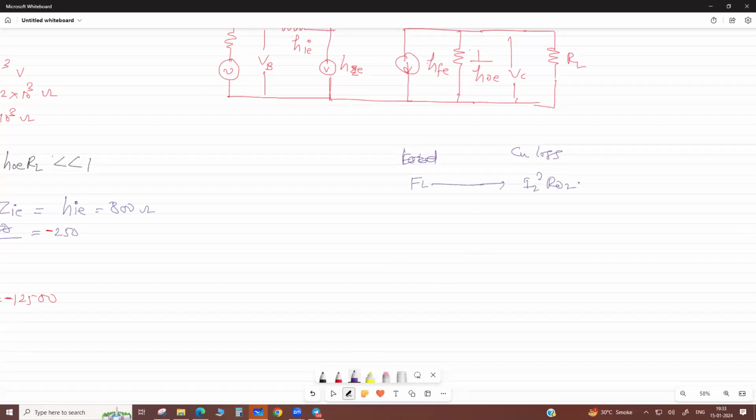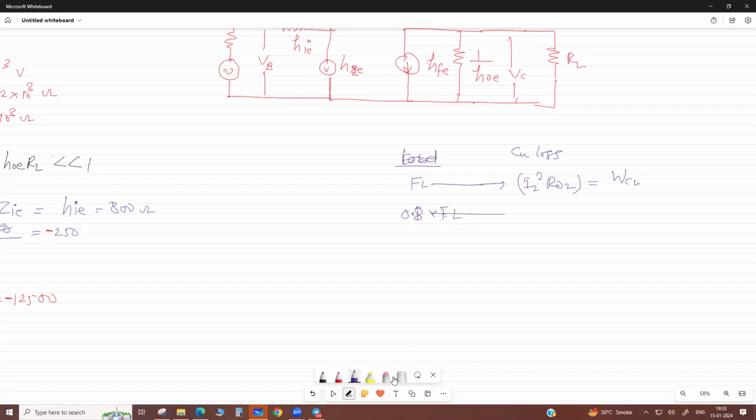Let us write this as the full load copper loss. Then at 80% load, meaning 0.8 of full load.